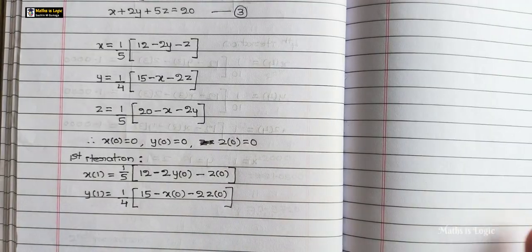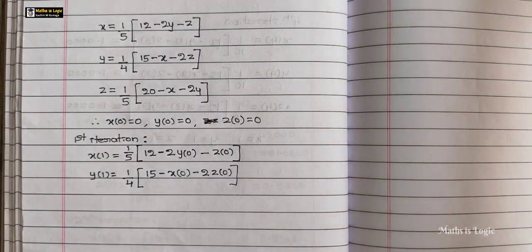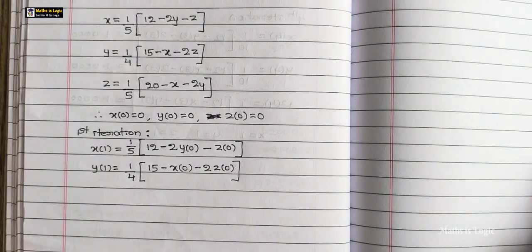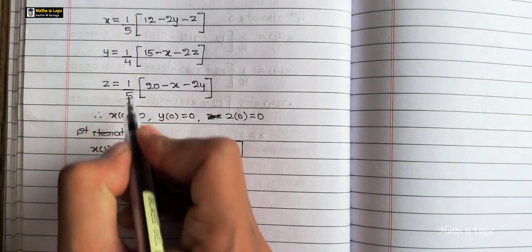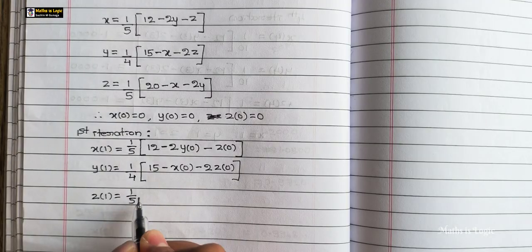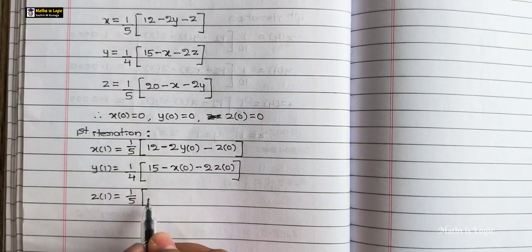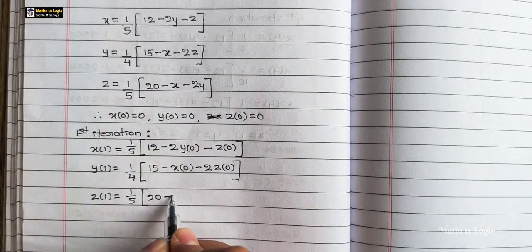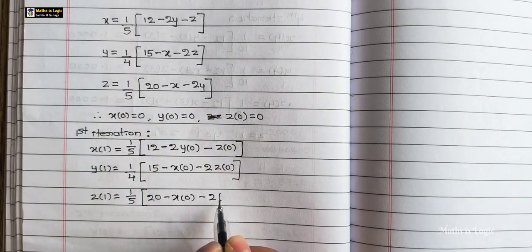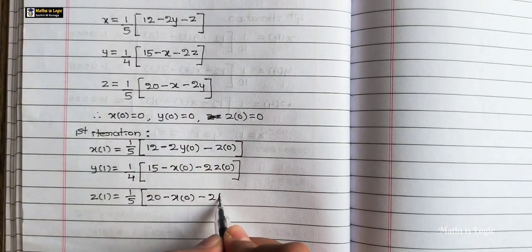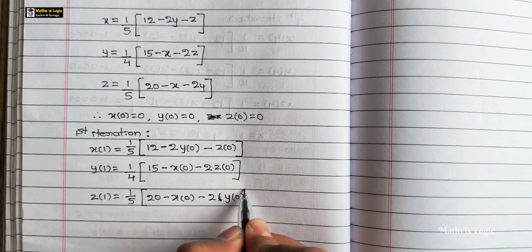And next z of 1 is equal to 1 divided by 5 into bracket 20 minus x becomes x of 0 minus 2 into y becomes y of 0.